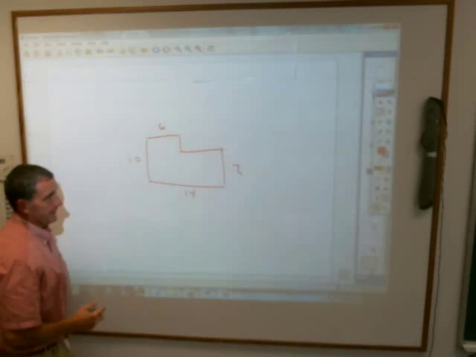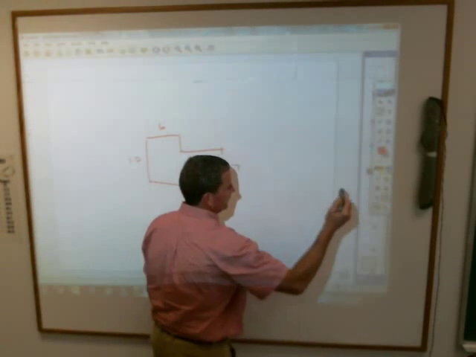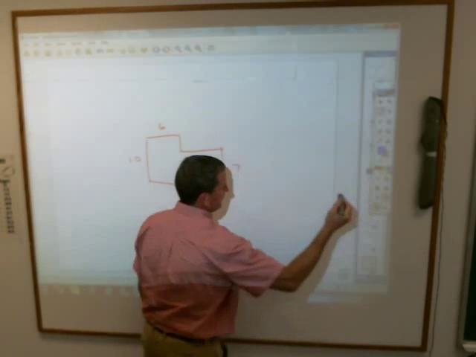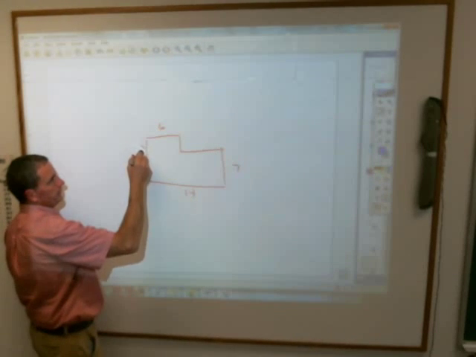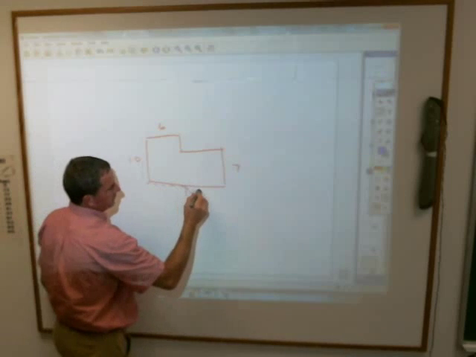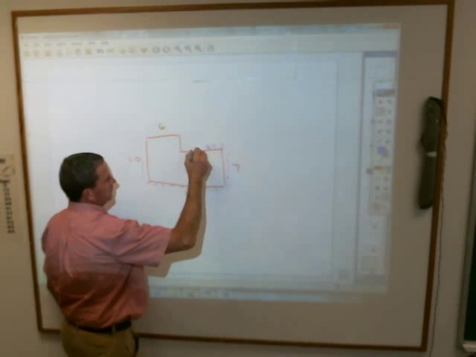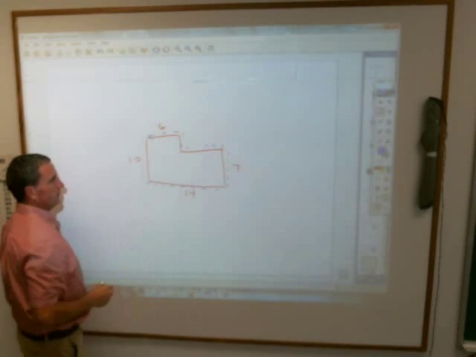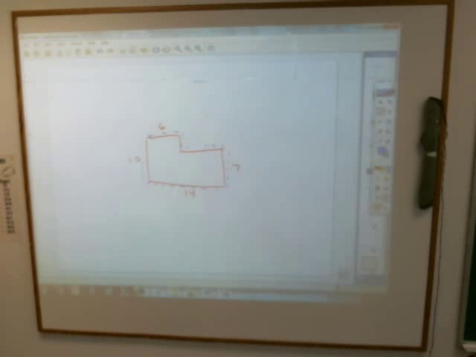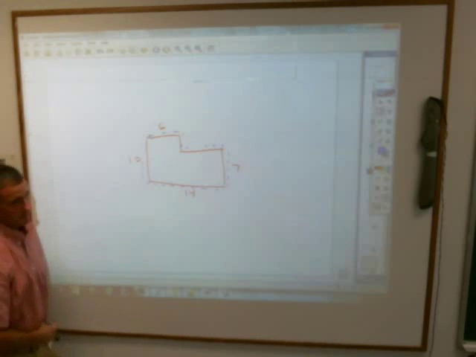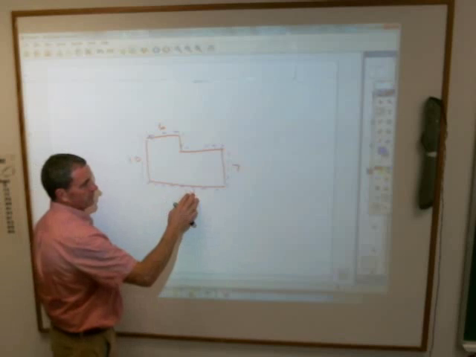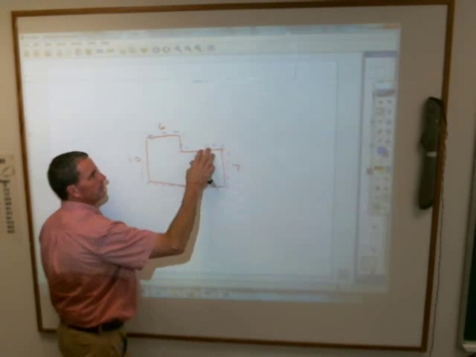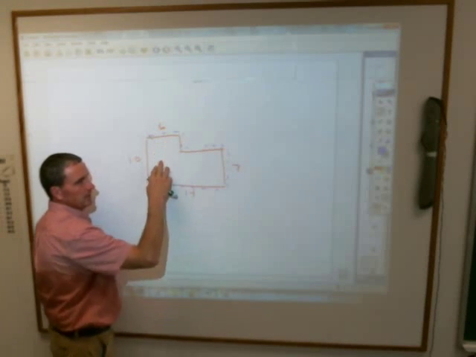If you're the little ant that's walking around this little shape, I'm looking for my perimeter, and I need to know how far I have to walk. Do I panic because I'm not given 2 of these things? Yes, I can add 10 plus 14 plus 7, but what about this and what about that? Math.